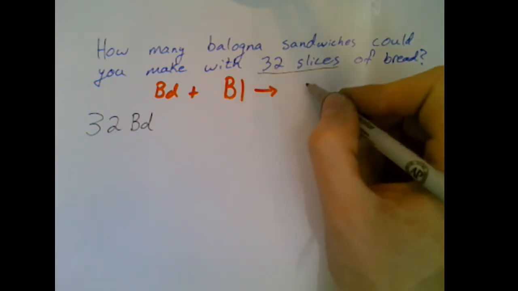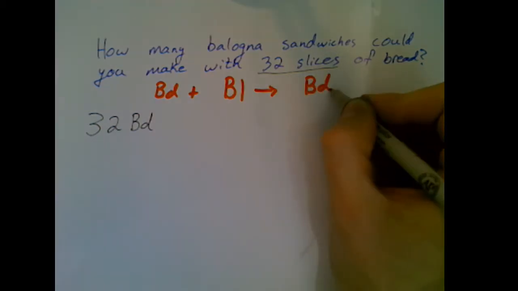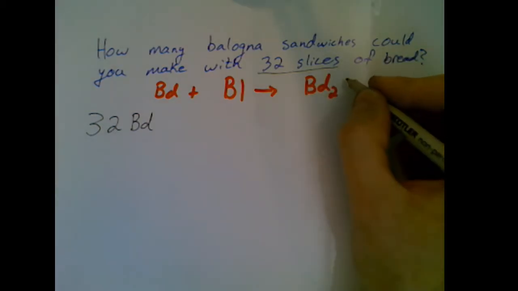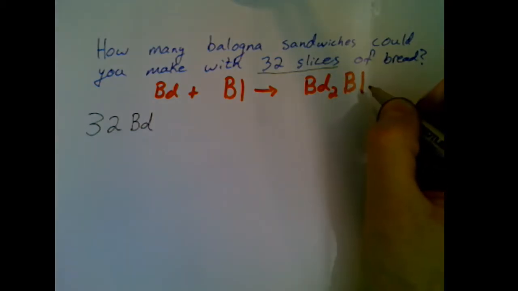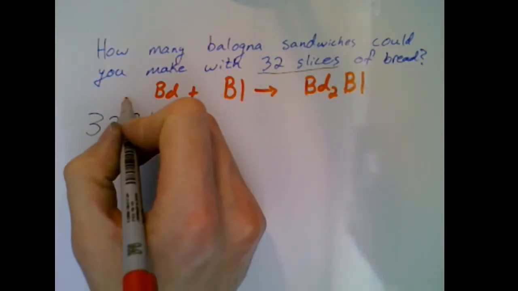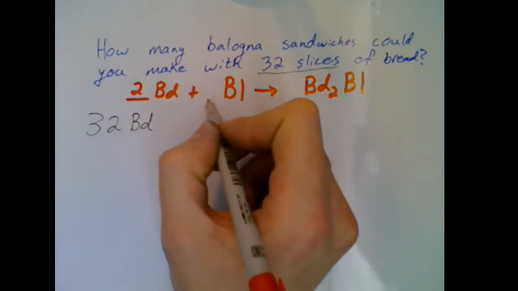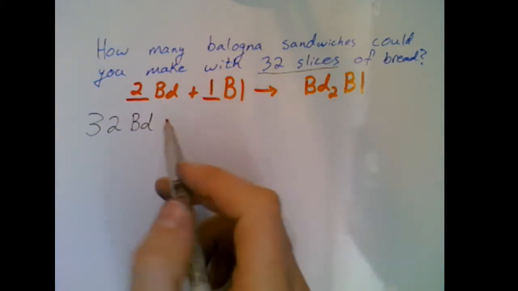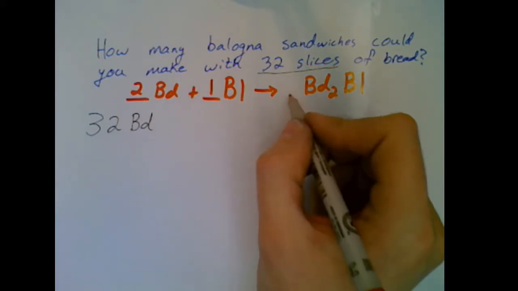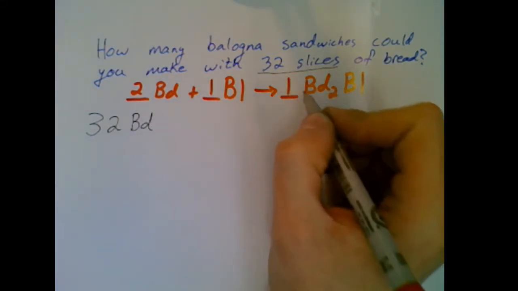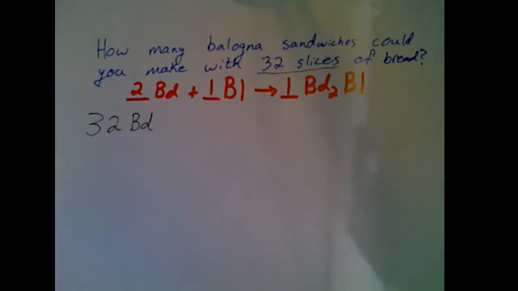Now, a sandwich is made of 2 slices of bread, and we're not millionaires here, so it's only got 1 slice of bologna. So then we need to balance our equation. And you can see that for every 2 slices of bread, we're going to make 1 sandwich.